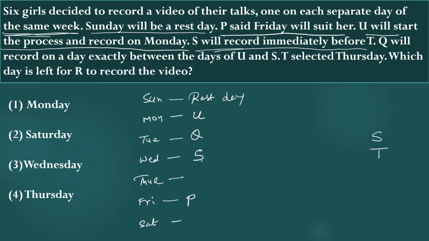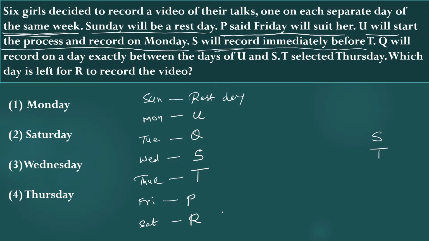Very good. And S is immediately before T. Only one day is pending, for R. So these are the 6 girls who decided to record a video talk.